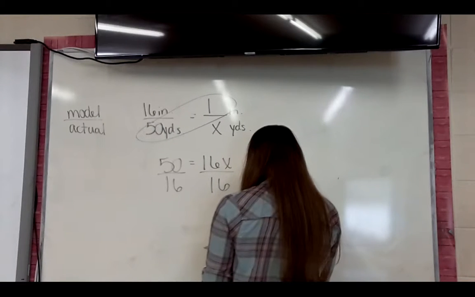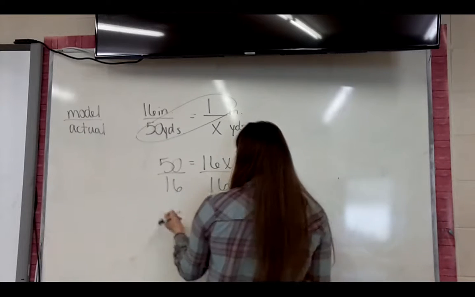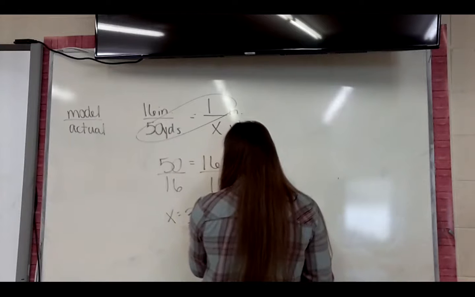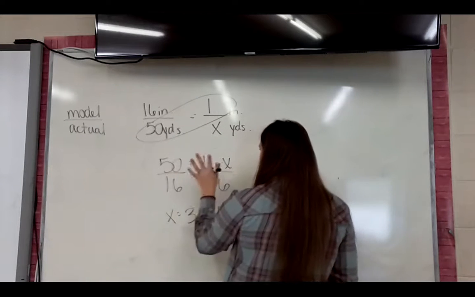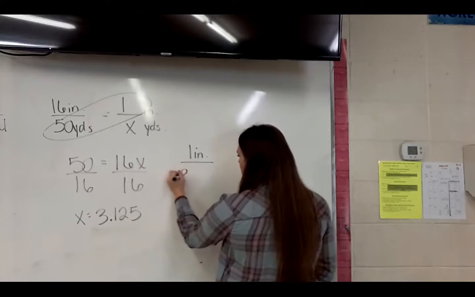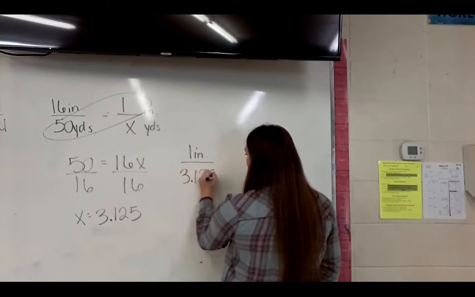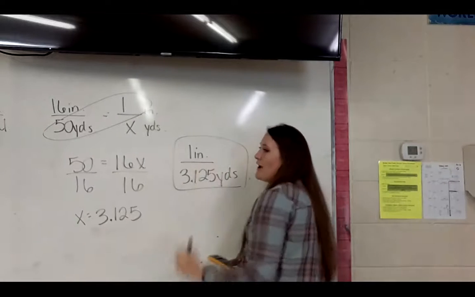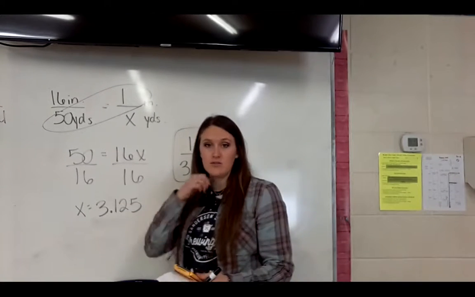So we get 3.125. That just means our scale is 1 inch on the map would be 3.125 yards in real life. That would be your scale. Your scale has to have both of them and your units for this.